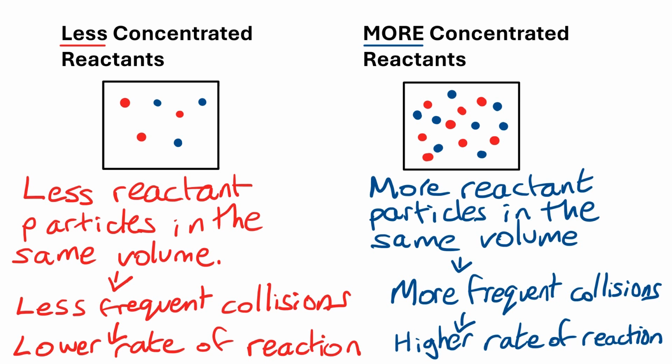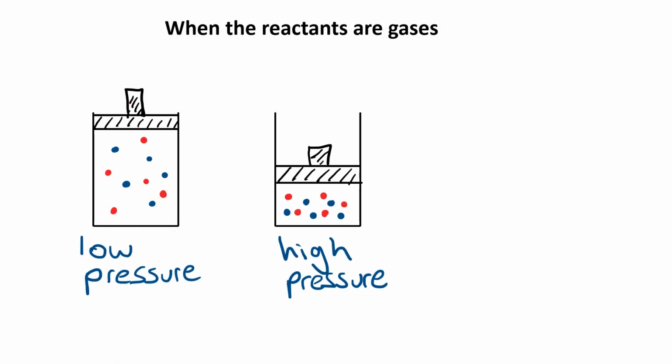If we've got more concentrated chemicals, or the concentration is higher, the particles will be more crowded, or in other words, there's more reactant particles in the same volume, and therefore there'll be more frequent collisions and a higher rate of reaction. If we're reacting two gases together, the effect of changing the pressure is similar to changing the concentration when you're dealing with solutions.